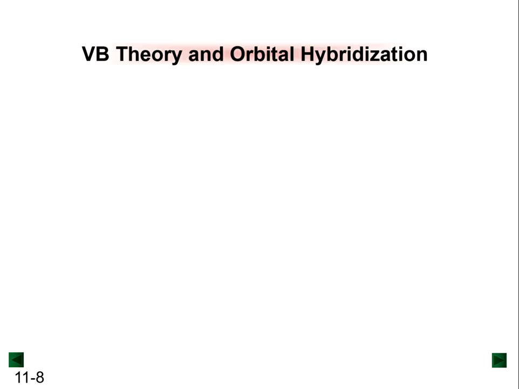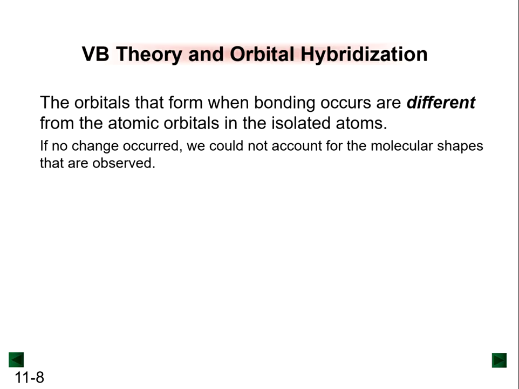So now we're going to look at what we're going to call orbital hybridization. This is a key concept. In general, the orbitals that form when bonding occurs are different from the atomic orbitals in the isolated atoms. And we're going to see that this is going to relate back to VSEPR. If no change occurred, we could not account for the molecular shapes that are observed, and that's our connection.